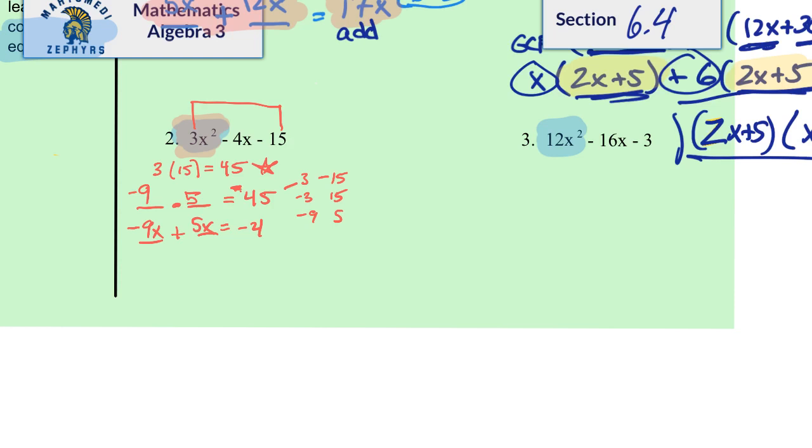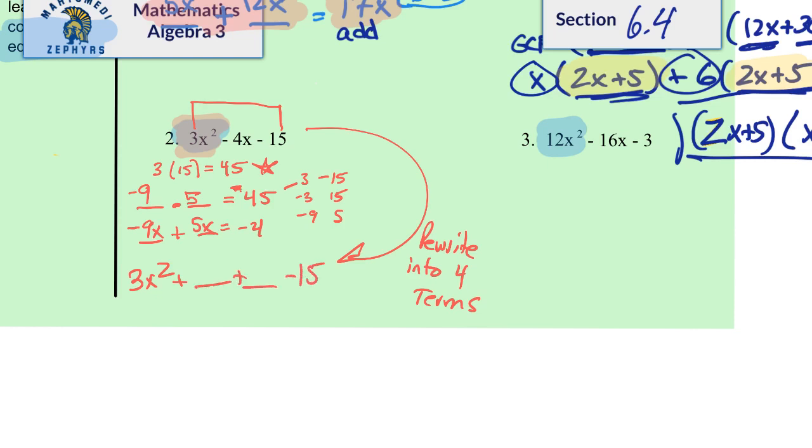So again, remember what we do? We're going to rewrite the polynomial into 4 terms. I'm going to split the middle term into the 2 numbers that I got, negative 9x and 5x. Now we can do some grouping. Make the smaller problems.